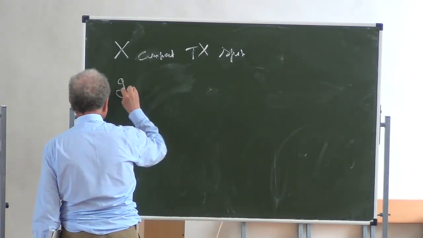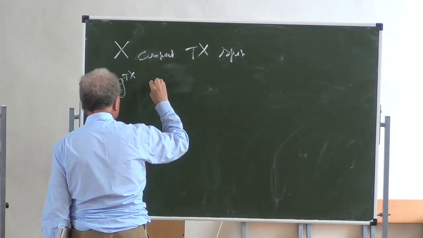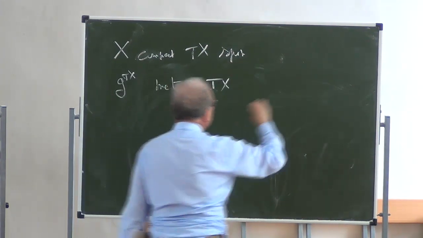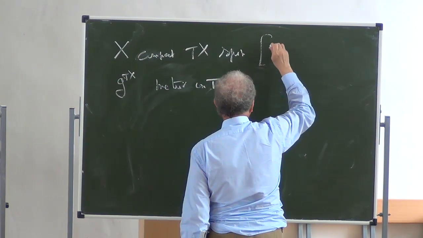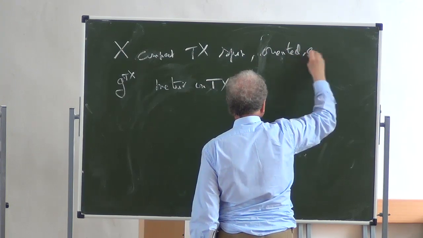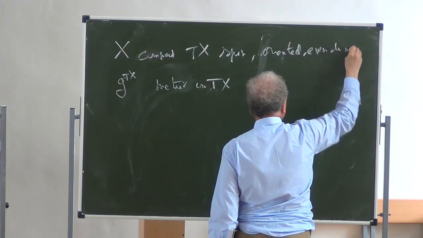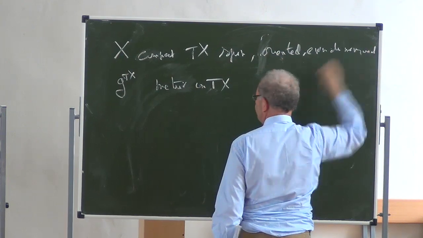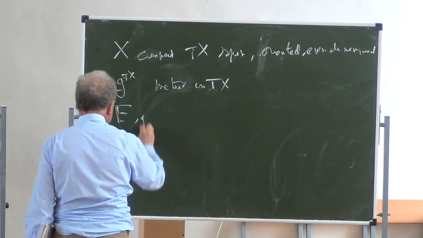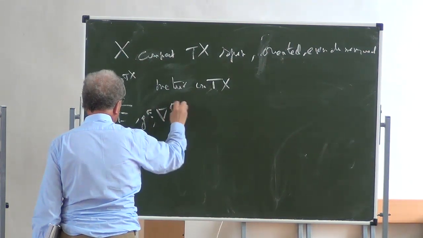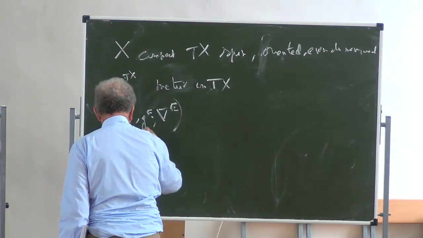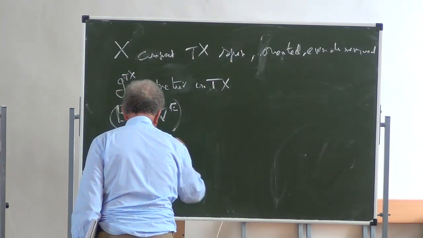So we introduce g^TX to be a metric on TX. I should say here that TX is spin, oriented and even dimensional. Also E, g^E, nabla E, as usual, a Hermitian vector bundle with connection. And so we introduce the vector bundle S(TX) tensor E.